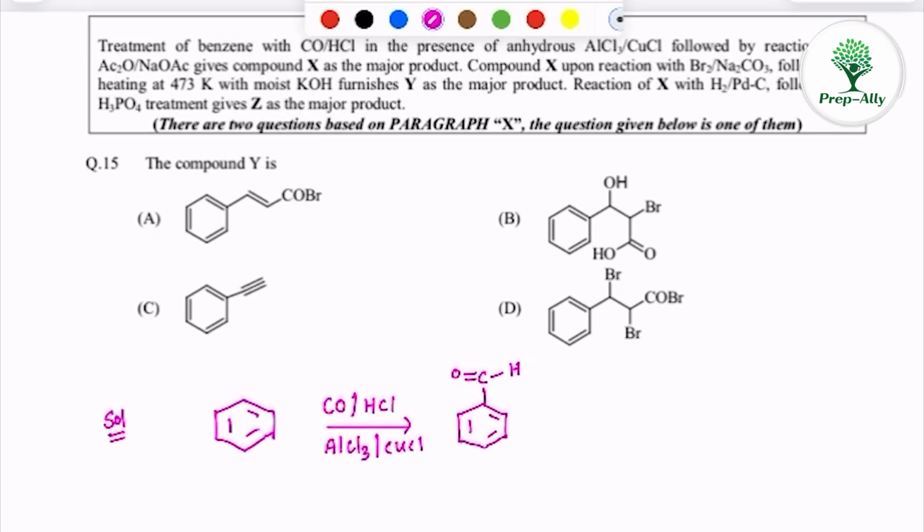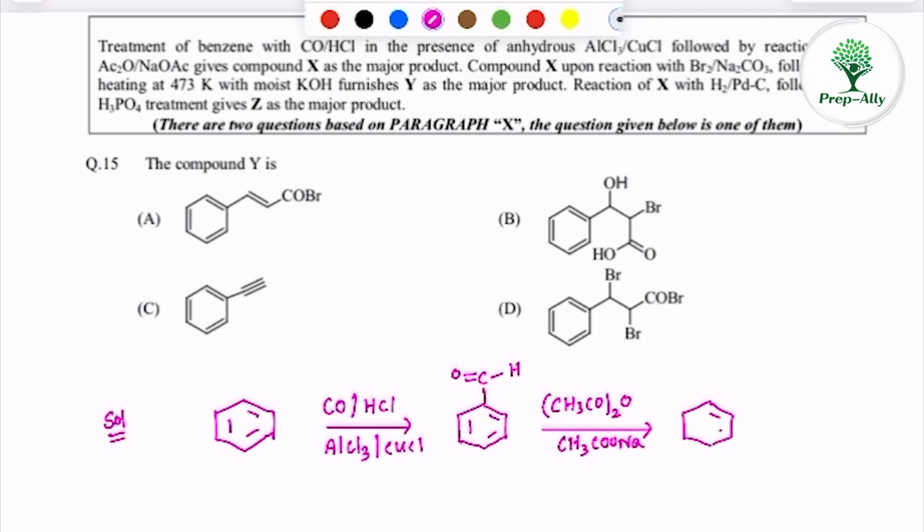After this, they are taking acetic anhydride in presence of sodium acetate. We know aromatic aldehydes, whenever reacting with acetic anhydride in presence of the corresponding sodium salt, will form alpha beta unsaturated carboxylic acids.